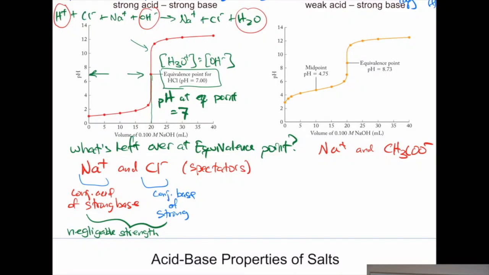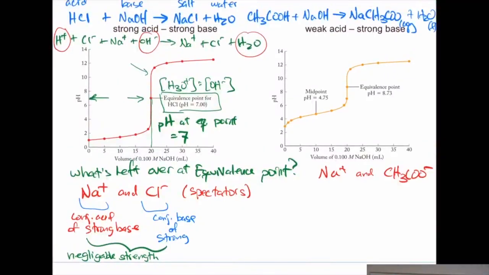All right, let's look at it on the acetic acid side. Sodium ion, again, let's keep my color scheme the same. This is the conjugate acid of a strong base. That has negligible strength. But what about the acetate ion?